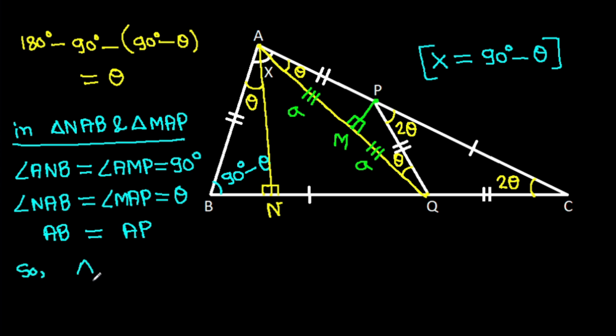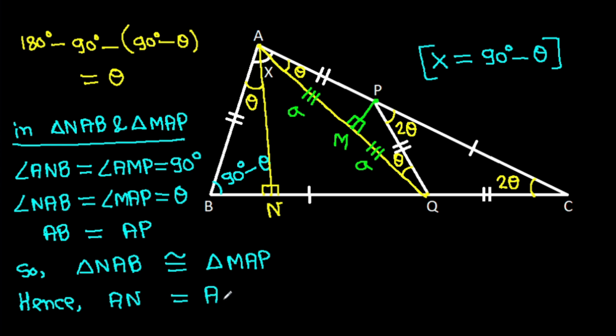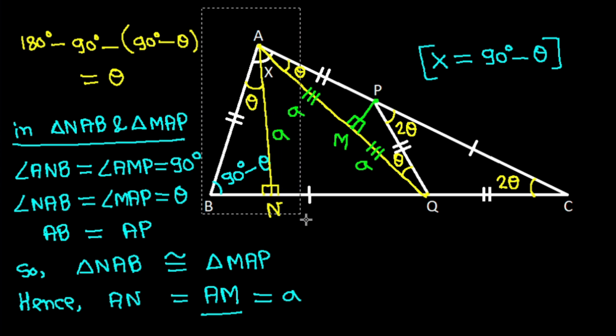So triangle NAB will be congruent to triangle MAP. Hence AN will be equal to AM, and AM is A. So AN will also be A.